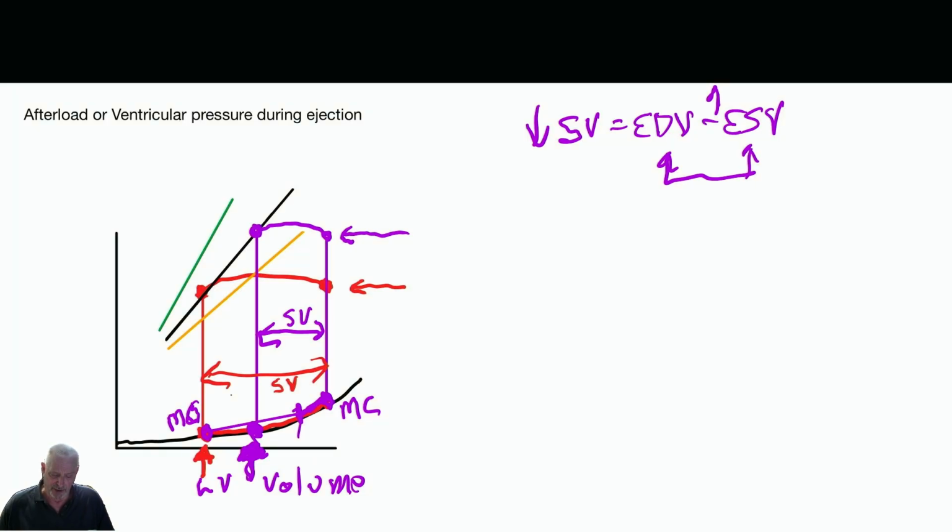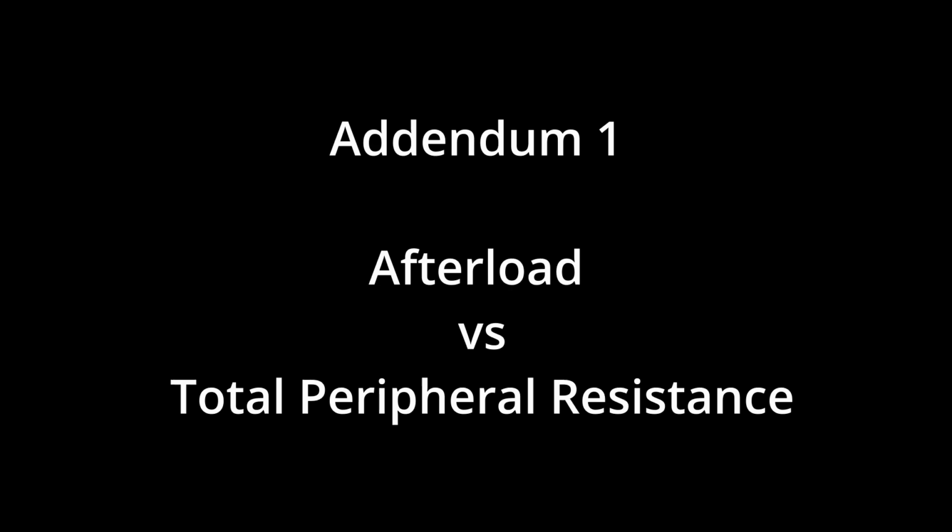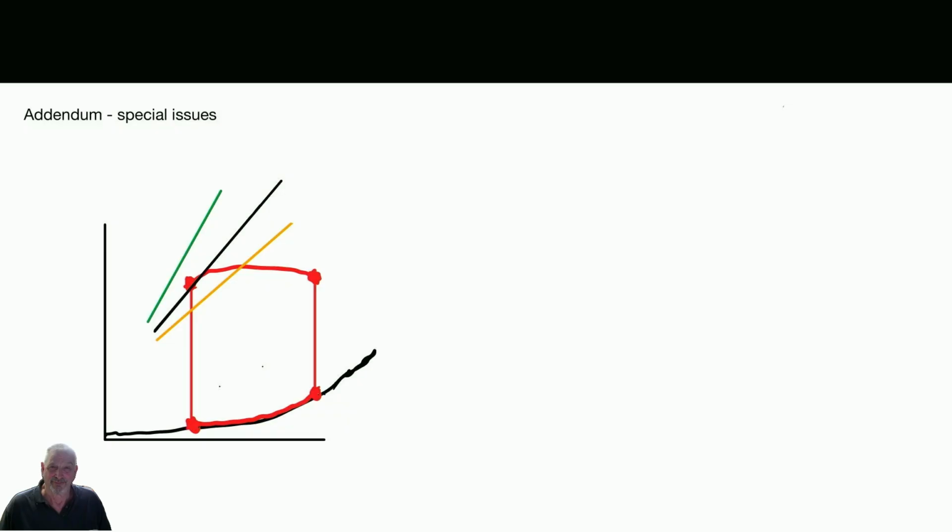So we're going to talk about just a couple other things related to this in our addendum section. And now I'd like to talk about just a couple issues which can become confusing to students. And the first is, we said that afterload is basically the ventricular pressure, which is about the same as the aortic pressure during ejection.